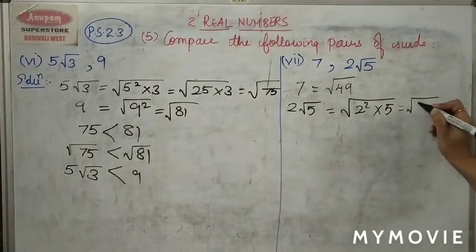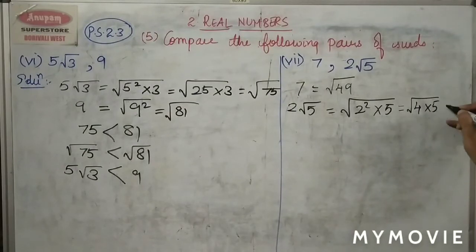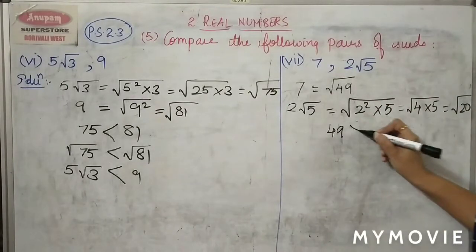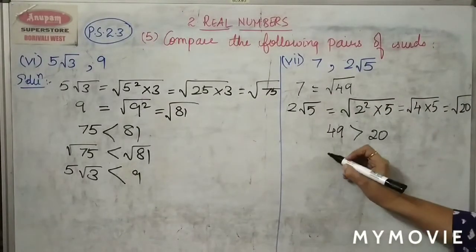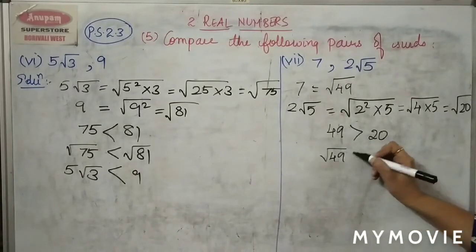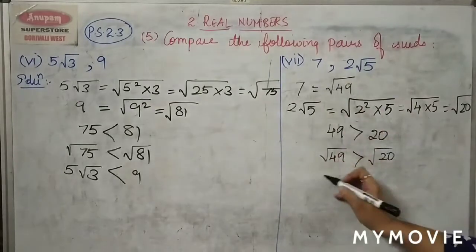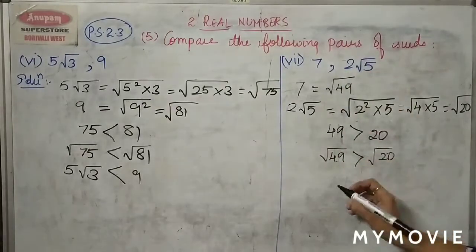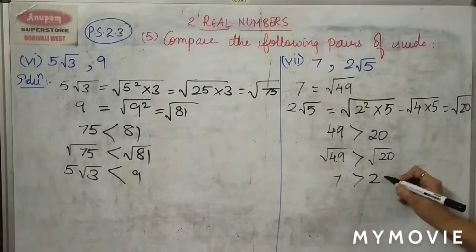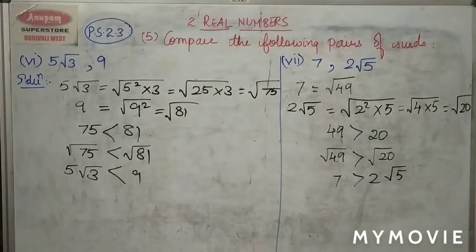So this becomes square of 2, which is 4, and 4 into 5 will be 20. So 49 and 20, if we compare, 49 is greater than 20. Therefore, square root of 49 is greater than square root of 20. And therefore, going back to the original question, 7 is greater than 2 root 5.